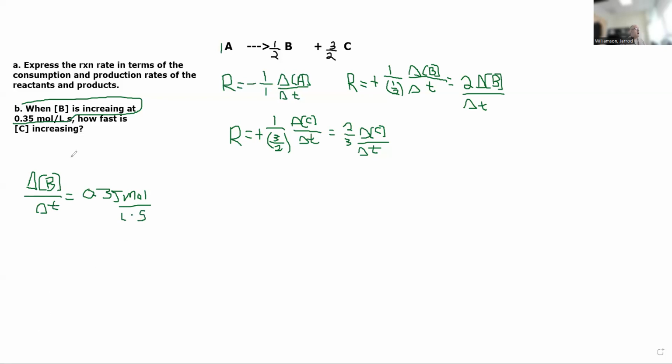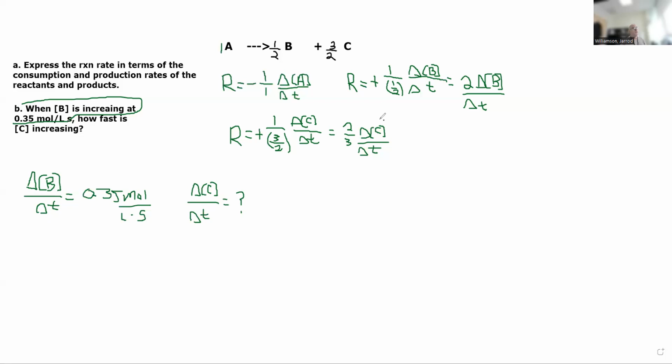Then it says, how fast is C increasing? So they're asking, when that's happening, what is delta C over delta T? Well, how do you relate them?